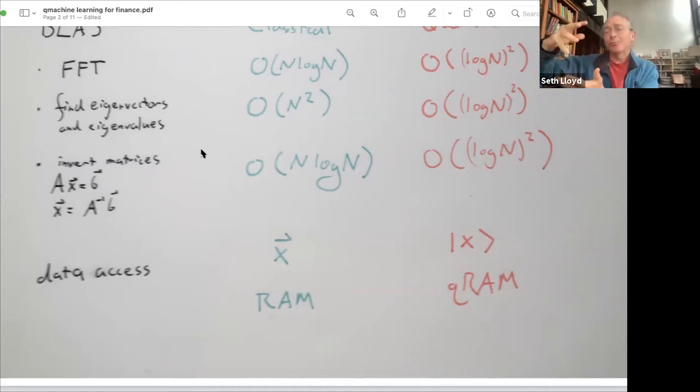So you do classical pre-processing of the data in order to encode it in a form that's useful for putting into a quantum computer or a special purpose quantum device. Then you process that information on the quantum device, and then you measure at the end. We actually find when we simulate these quantum algorithms that a hybrid classical quantum approach that combines, for instance, classical deep learning with a small quantum computer is what works best.